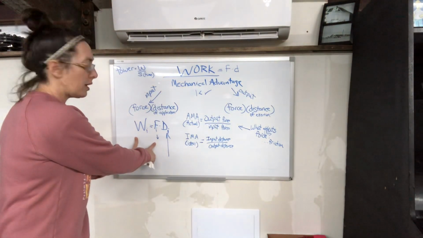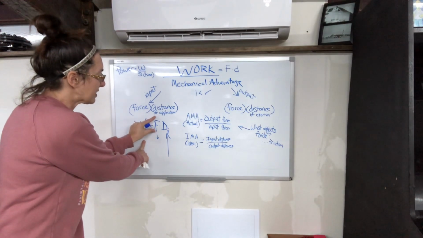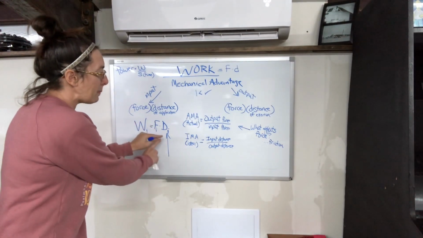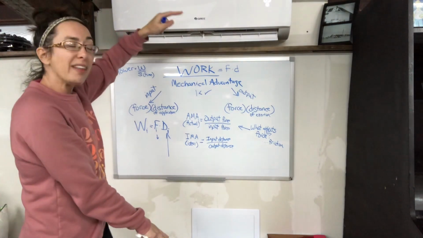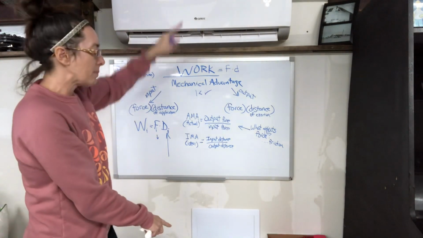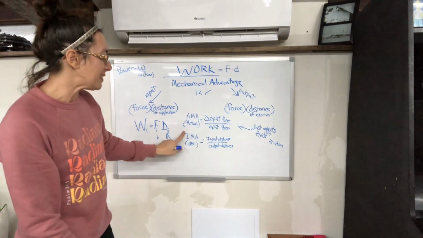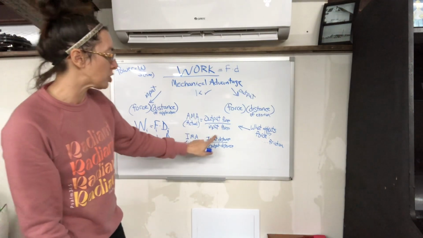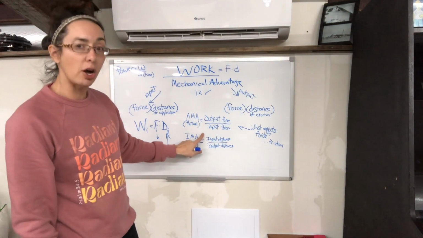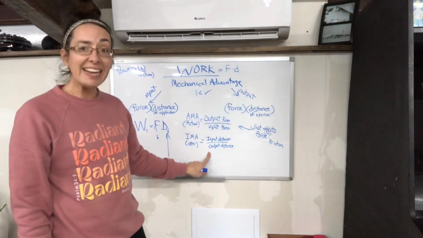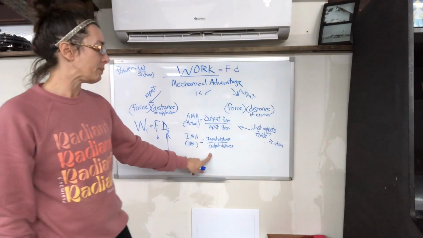So if we're looking at work, I want a tiny force. That means I have to have a large distance. And we want the biggest number on top. So when we go to ideal mechanical advantage, that's talking about our distance, we want this really big number on top because we want the tiny number on the bottom.